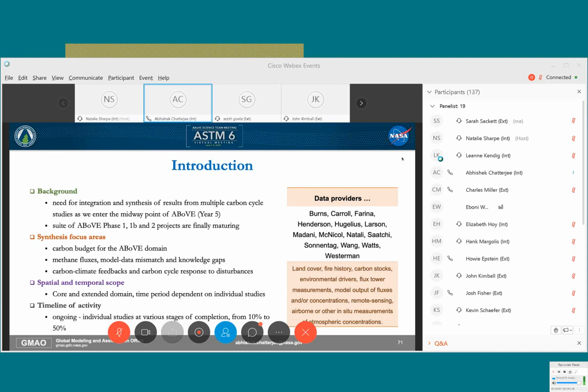Now, each of these synthesis topics has its own temporal extent. For example, the carbon budget looks at a decadal time period, whereas the carbon-climate feedback looks at multiple decades. But all of these activities are going on at full steam right now, and it's pretty exciting to see some of the initial results.